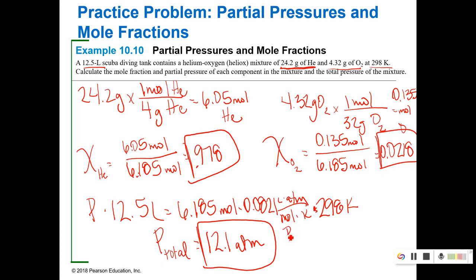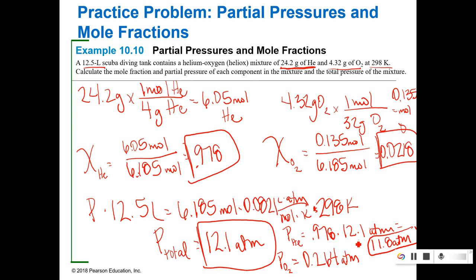To find the partial pressure, P of helium is 0.978 times 12.1. I get 11.8. And then for oxygen, I get 0.0218 times 12.1, and I get 0.264.